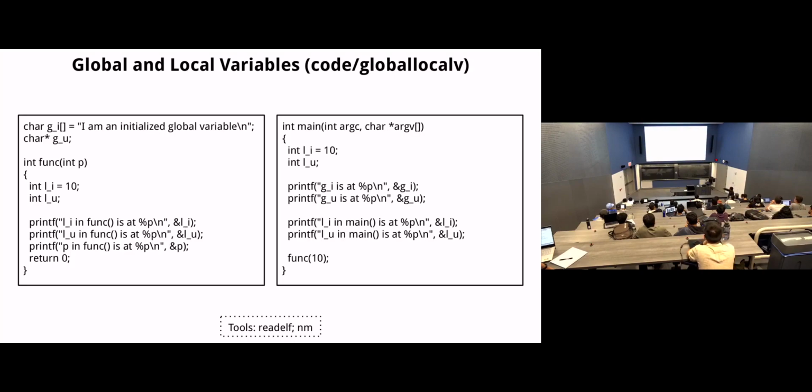That function prints out where the two local variables are and where that parameter is. We just print out the address. To do that, we use printf %p. %p prints out the address; it takes the address as the parameter. That's how simple this program is.